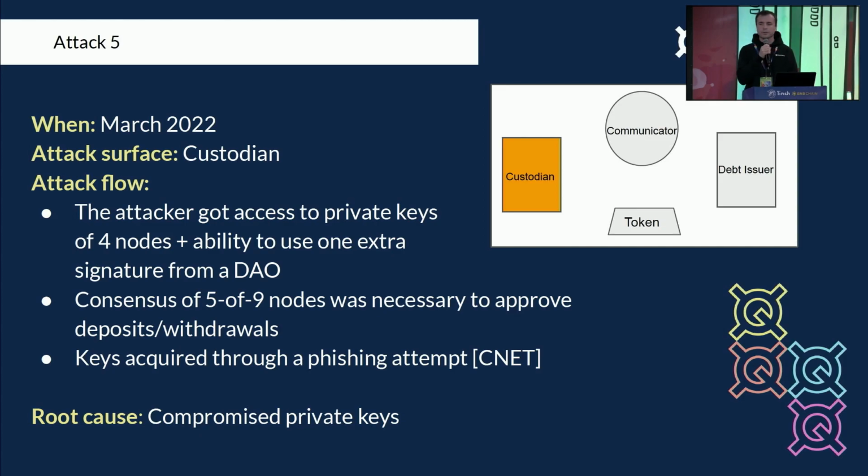According to what we were able to read about this attack, the attacker managed to get access to 4 nodes and the ability to get 1 extra signature from a DAO, which resulted in essentially controlling the consensus mechanism of the nodes and having the ability to withdraw the funds. And in this case, allegedly the keys were acquired through a phishing attempt.